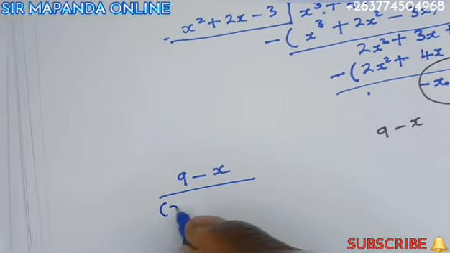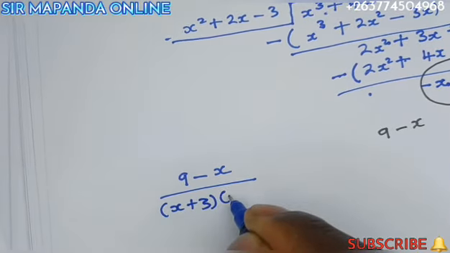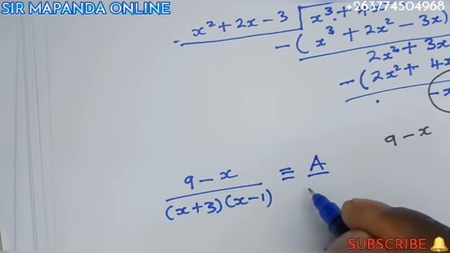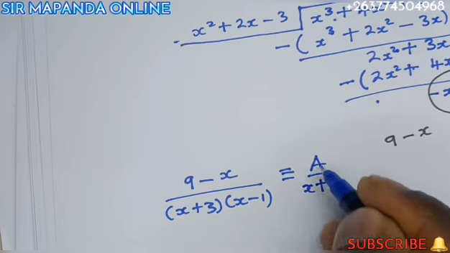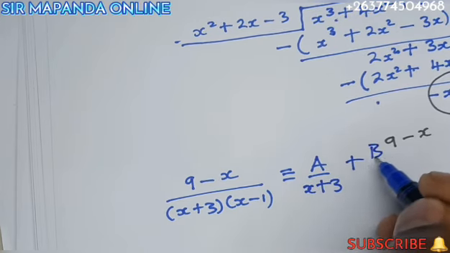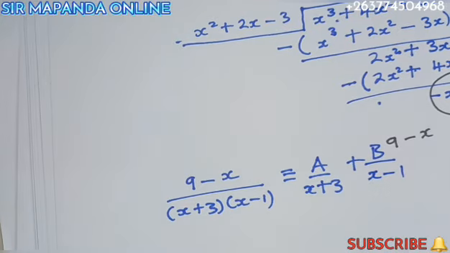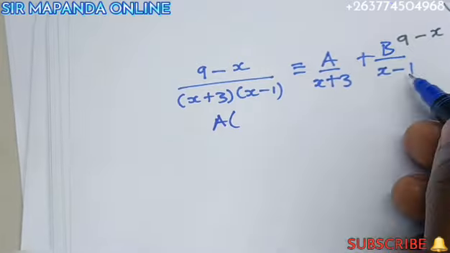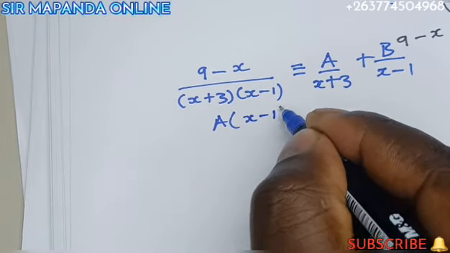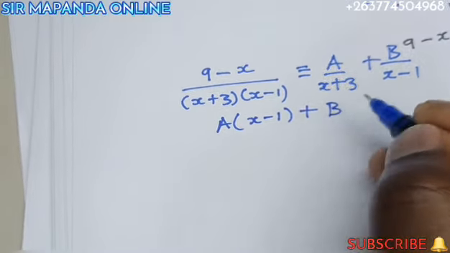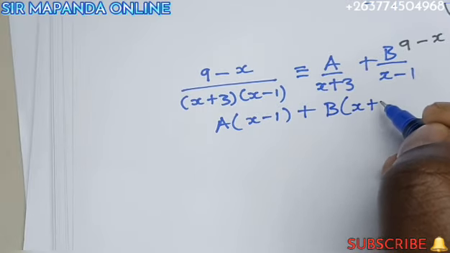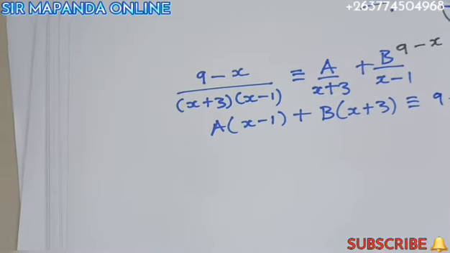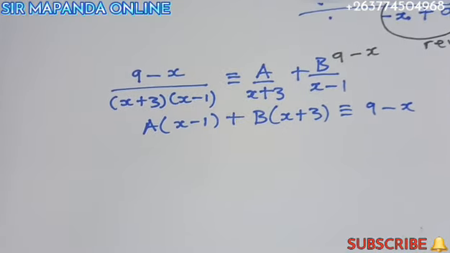So I'm going to put here x plus 3 and x minus 1. Then you use the linear factor concept: A over x plus 3 plus B over x minus 1. You get A times x minus 1 plus B times x plus 3 is identical to 9 minus x. I hope you are following, class.